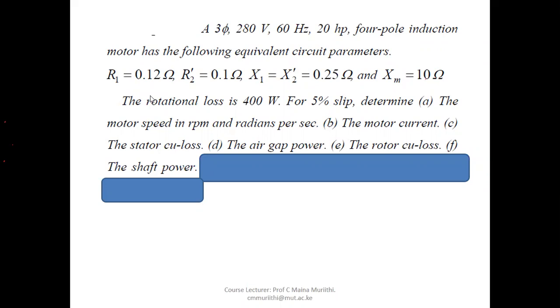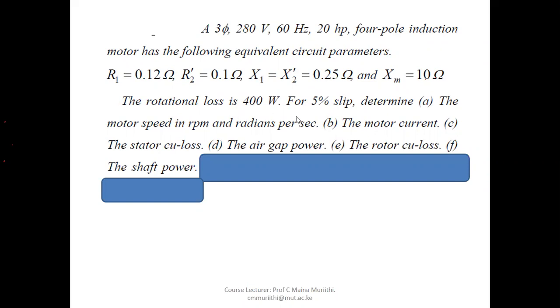So let's go through the question. We have a three-phase 280 volt, 60 hertz, 20 horsepower, 4-pole induction motor with the following equivalent circuit parameters. We have R1 given, R2, X1 equals X2, and XM.